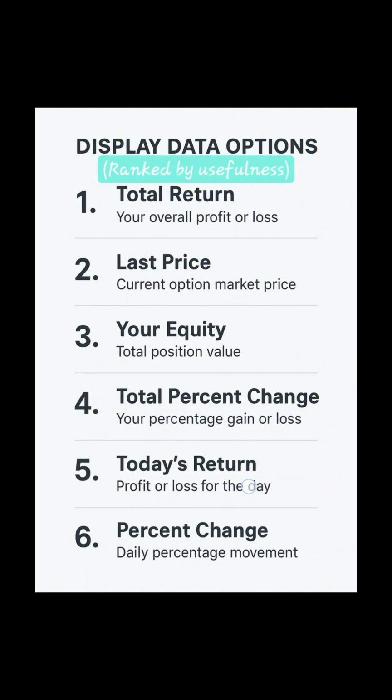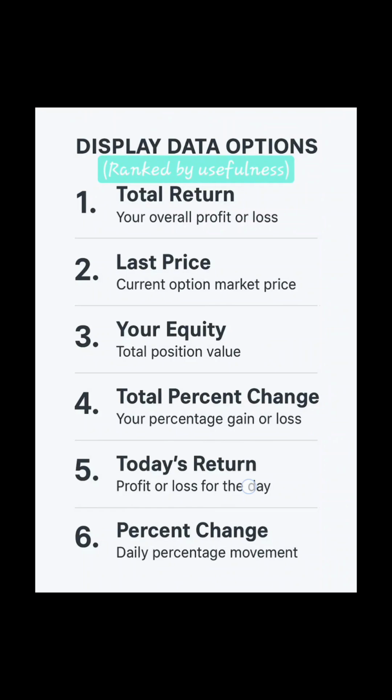Or if you're losing, maybe you can roll it out, or maybe close it at a loss instead of it losing more. Last price, that's how much you're going to pay to close it, to get out of it, or how much you can make if you sold another option on it. Your equity, how much money you set aside to facilitate that trade.